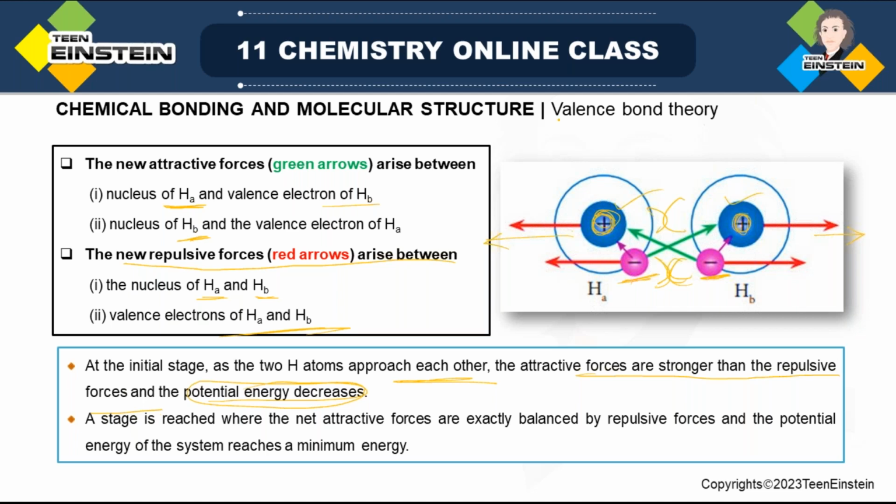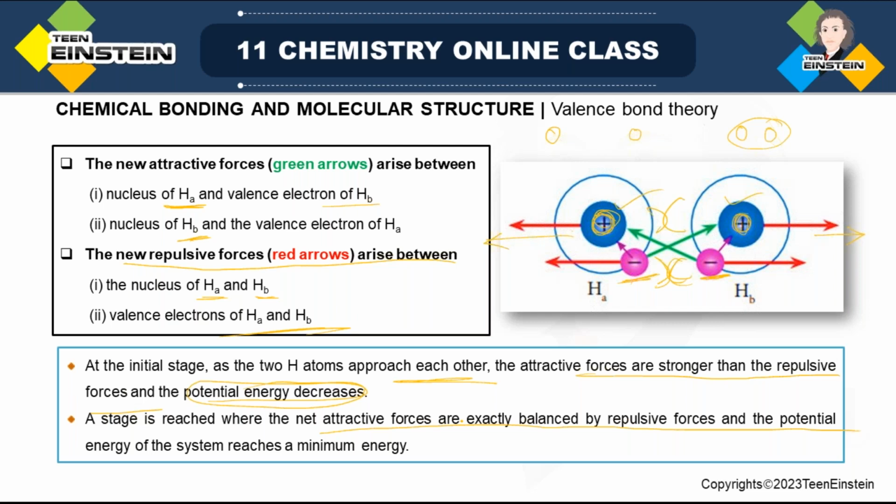So you are bringing them close to each other. First they are far from each other, now you are bringing them close. One point will be reached when the net attractive forces are exactly balanced by the repulsive forces. At that particular distance, the repulsive force is exactly balanced by the attractive force.